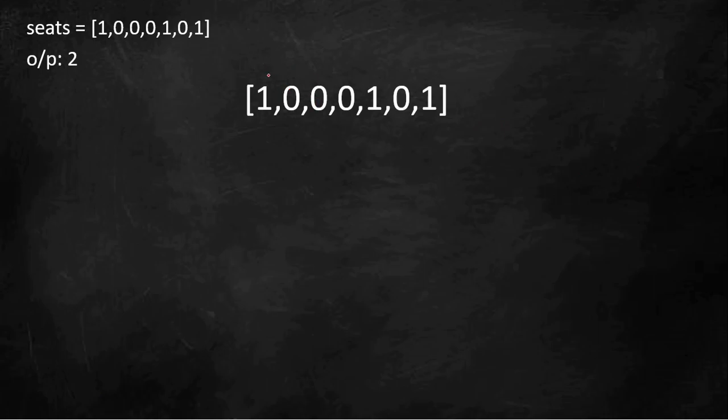So, we will take the same first example. Now, if you see the max distance that we can get for Alex, if Alex needs to sit in between two people, then we just need to check what is the first occurrence of 1. Let us say this is my ith index. Let me call this the previous index, p index, and let us say this is the next index, n index.